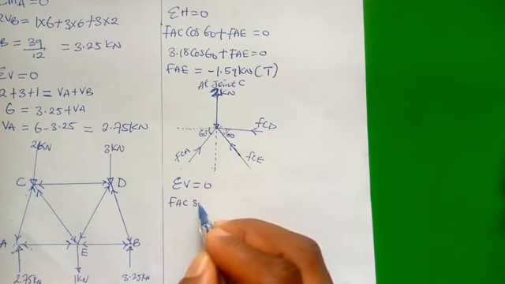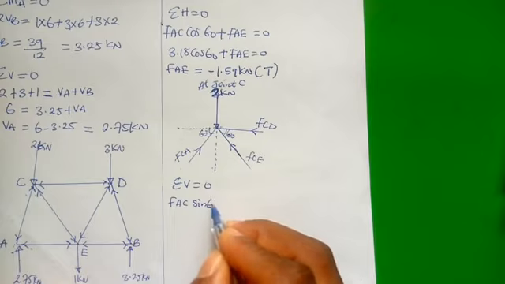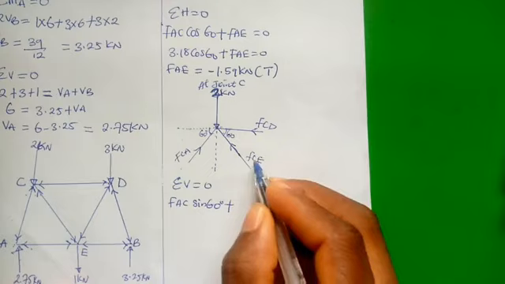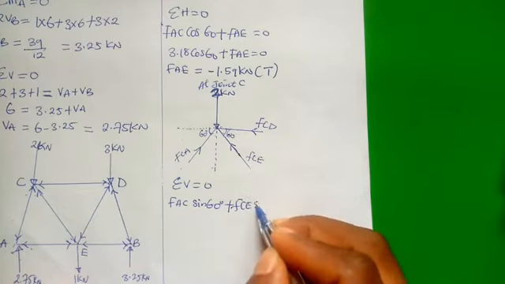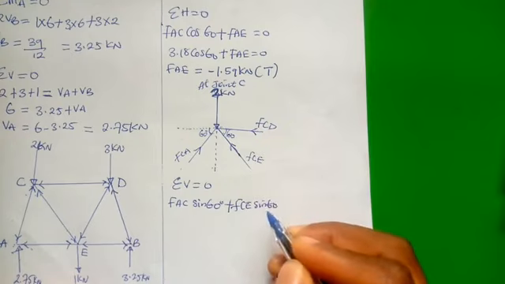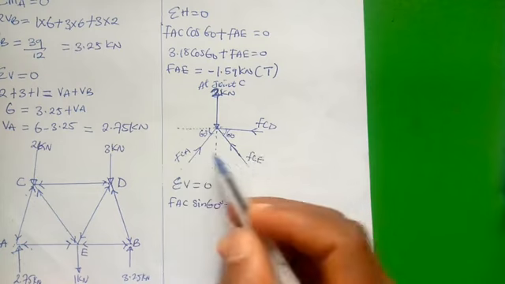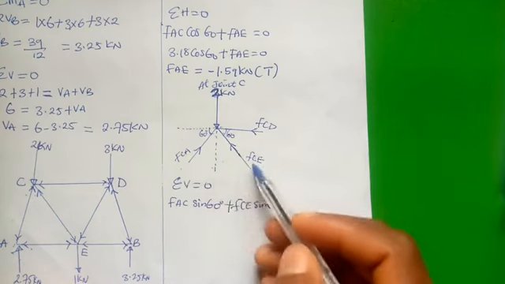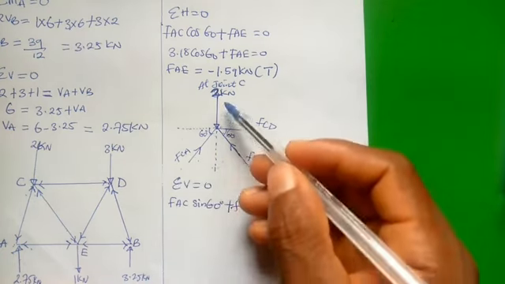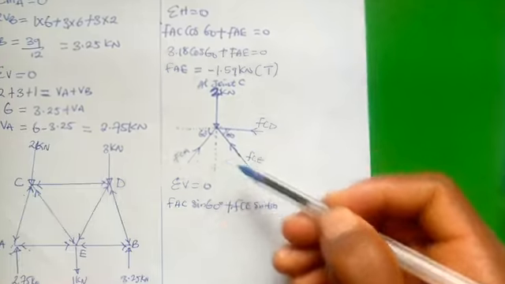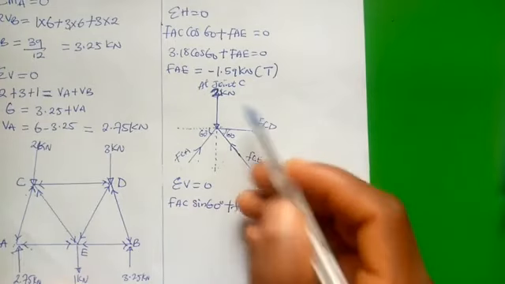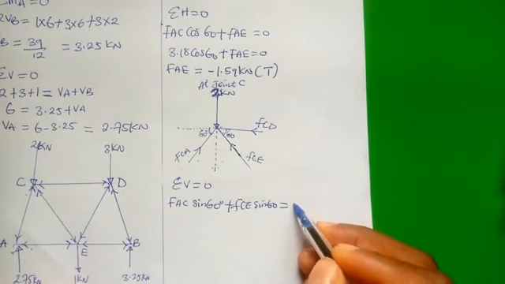Then sine of the angle which it makes with the horizontal, which is 60, plus FCE sine 60. Remember, these two forces, if you resolve them to appear vertically, are going to be pointing upwards. But this 2 kilonewton is going to oppose the direction, which means the one that is going up should be equal to the one that is coming down.